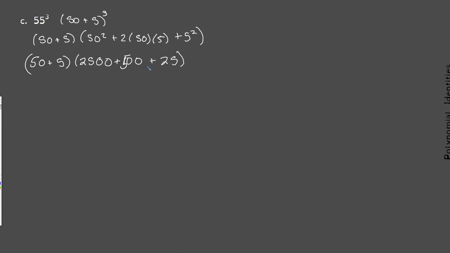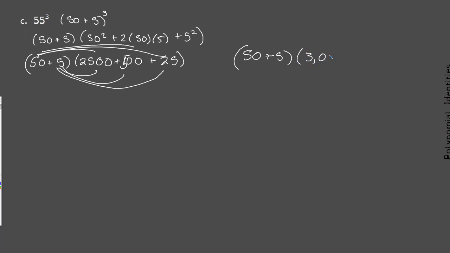And honestly, on this one, you could either add it all together and get the 3025 and then multiply it to each part, or you could distribute it through, where we do the 50 to each of these and the 5 to each of these. Or do you want to think of it as, because we're working with fives, which one do you think will be easier? Which one do you want to go with?